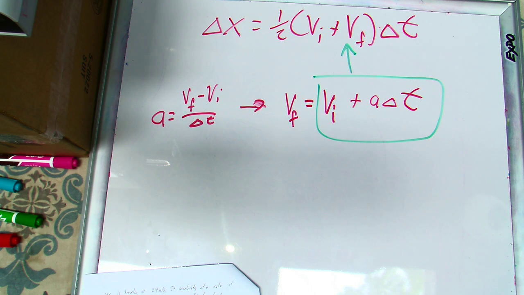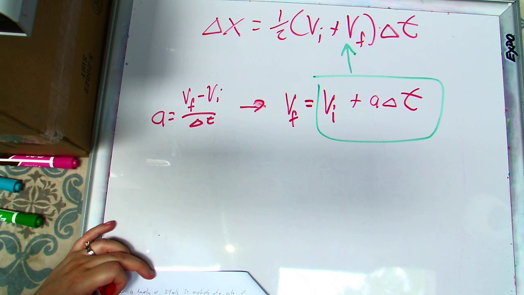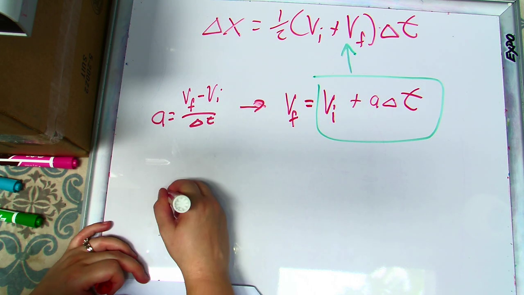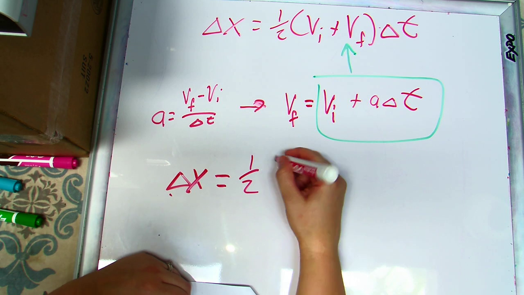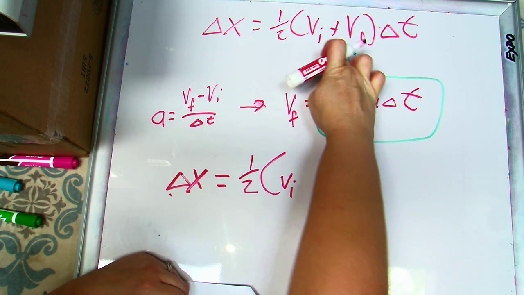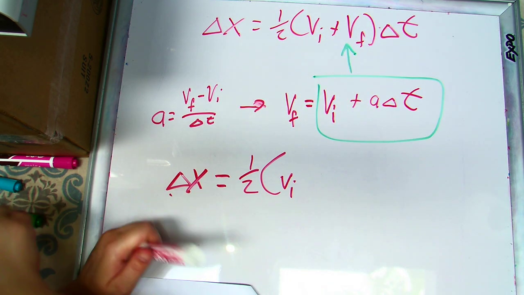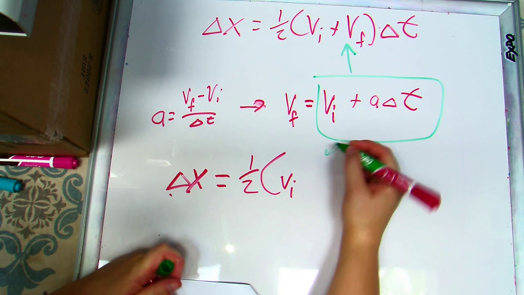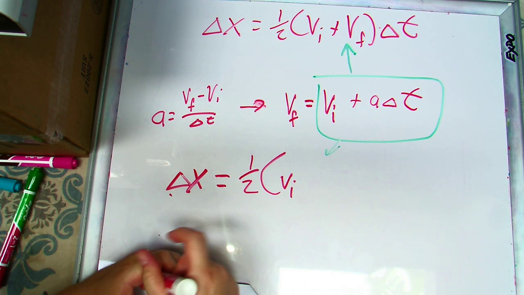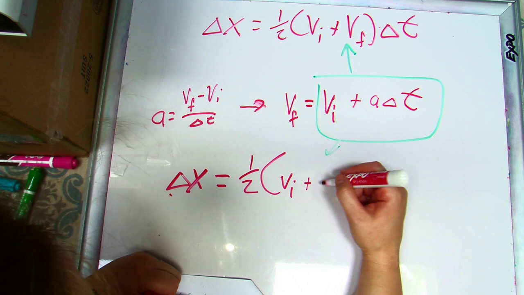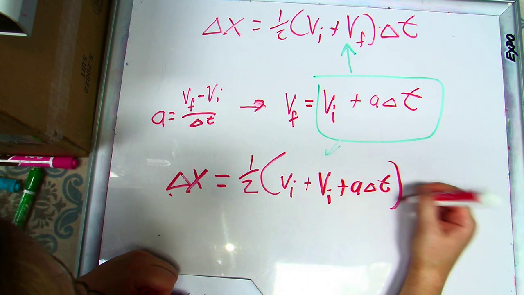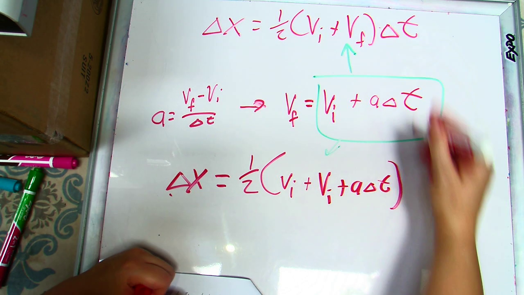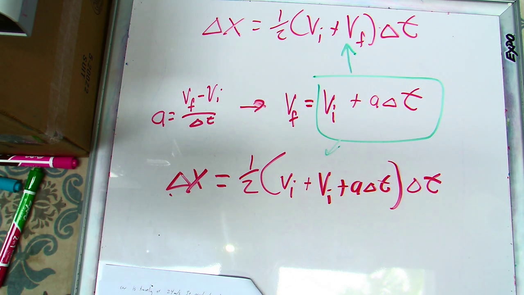So then we would have delta x equals 1/2 vi plus, this is where I'm plugging that in at, vi plus a times delta t, and then don't forget that delta t at the end.